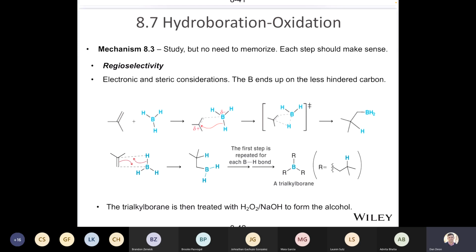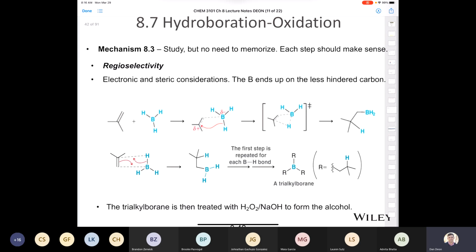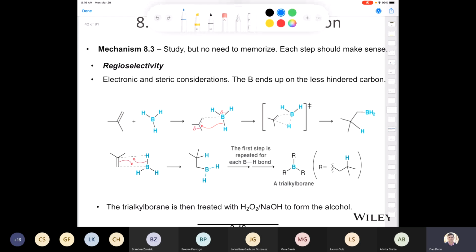But if you look at the first step in the mechanism, if you follow this mechanism that I have written out here, you see that we have addition of the hydride, so we have this bond being formed here, while we have this double bond coming out and dumping electron density into there, right?